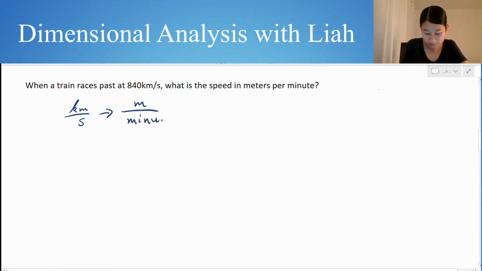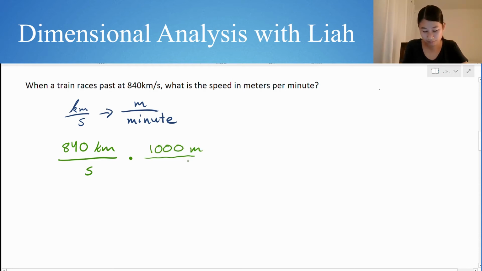Alright, so that means we need to convert kilometers to meters and seconds into minutes. Now we can write the math, and we have 840 kilometers per second times, well, if we convert the distance first, we can say that there are 1,000 meters in 1 kilometer.